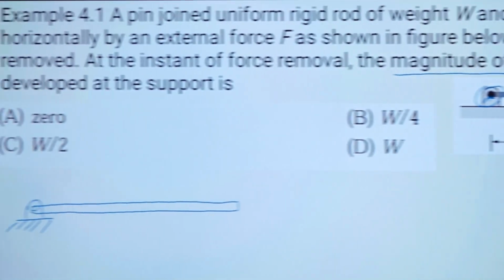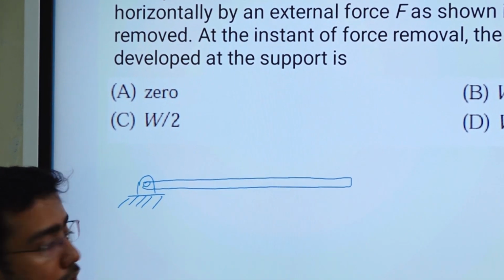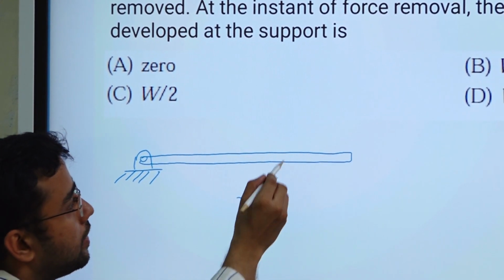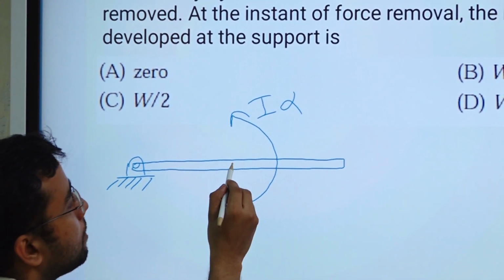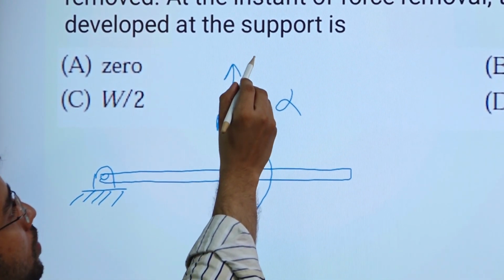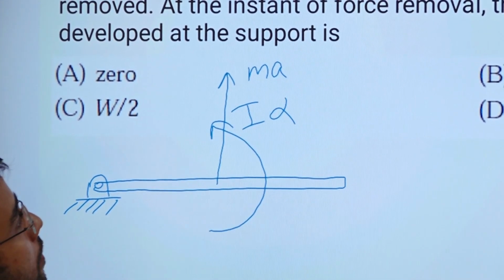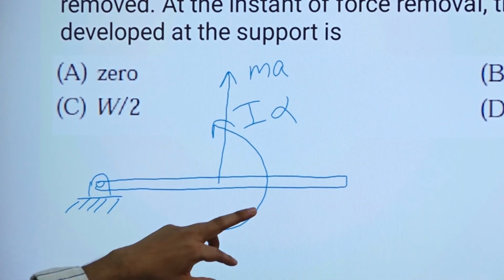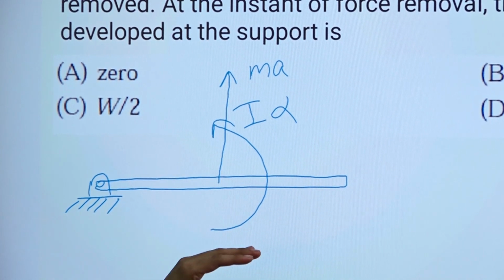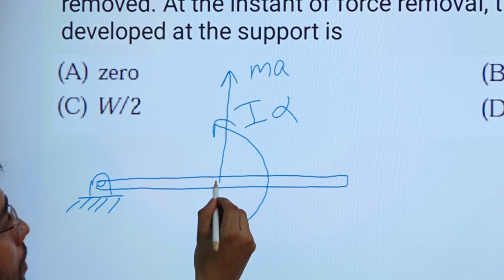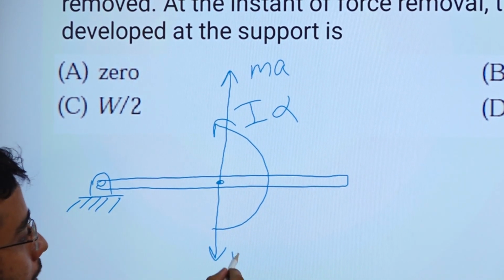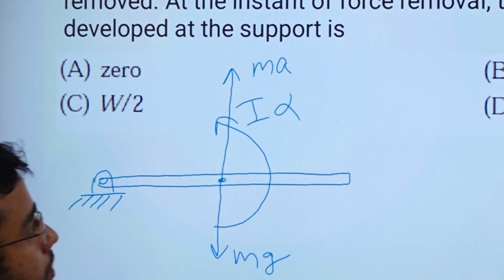So we have to add reverse inertia force and reverse inertia moment here, in the reverse direction. Inertia is in the clockwise direction, so we will add a reverse inertia moment I alpha, and a reverse inertial force ma. Because of these two things, we can assume that it is now static, not moving. Other than ma, mg will also be acting, that is the weight.